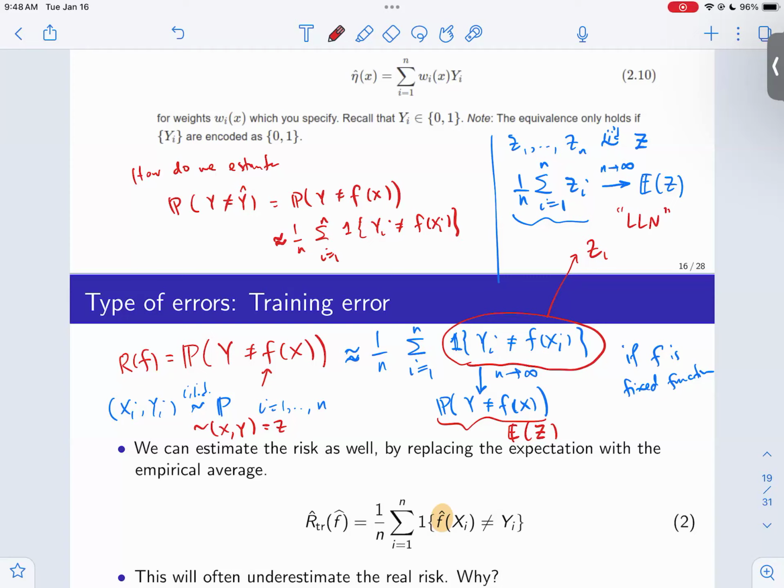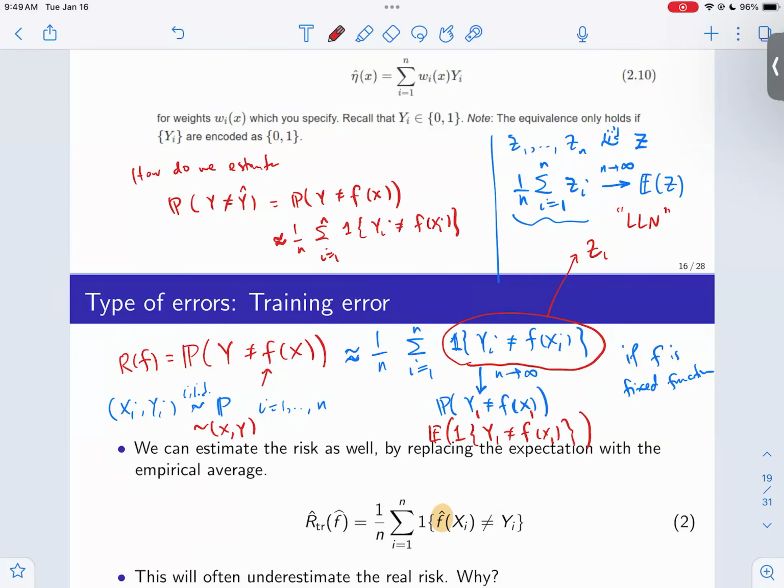If I fix the function f, then the Zi's are independent and IID, with the same distribution as Z. Sorry, this is not Z, I made a mistake. This is XY, and Z would be the indicator that y is not equal to f of x. It might be easier to do y1, x1, and this is really the expectation of the indicator of y1 not equal to f of x1. It might be less confusing.